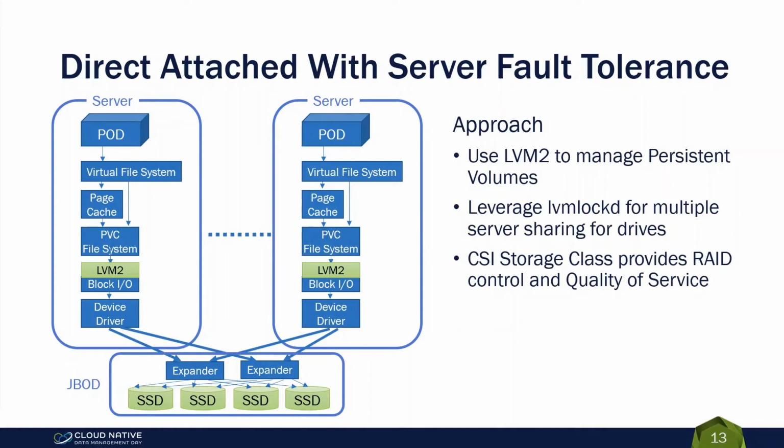So that solves the multiple server contention problem so a Kubernetes CSI driver can dynamically provision and assign with this reliable locking mechanism across multiple servers. Plus, we get all the features and maturity of LVM2 as we use this solution.